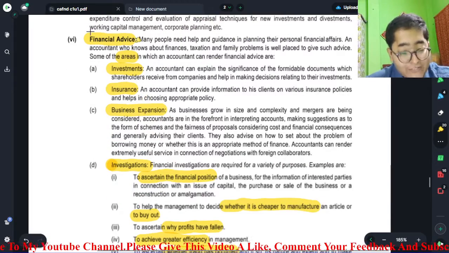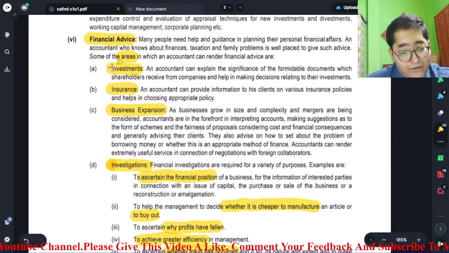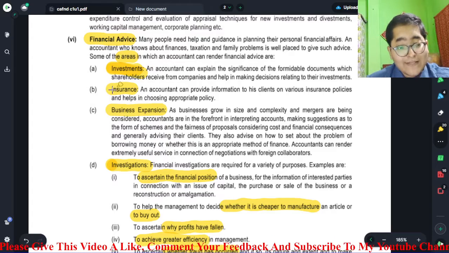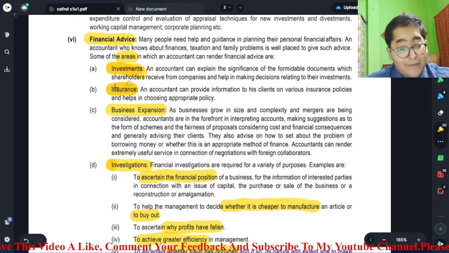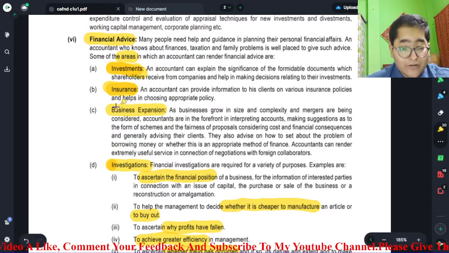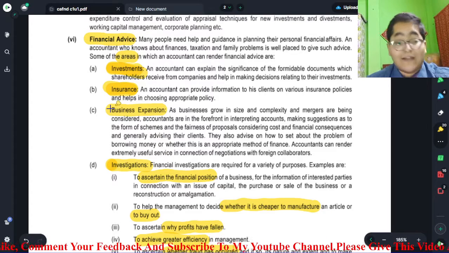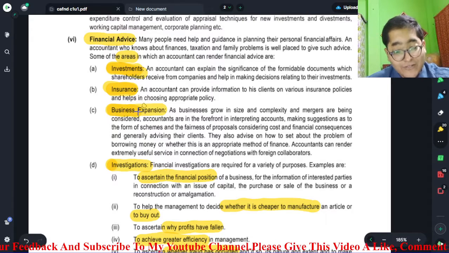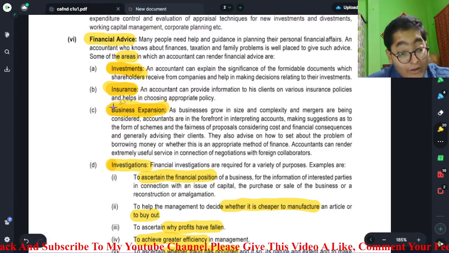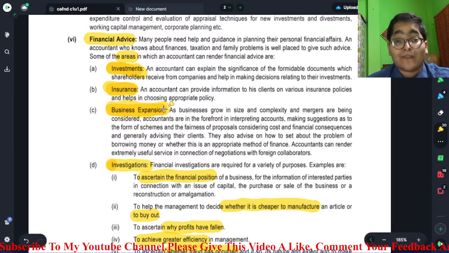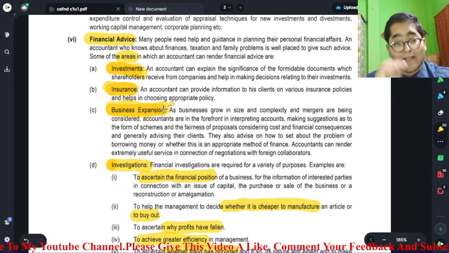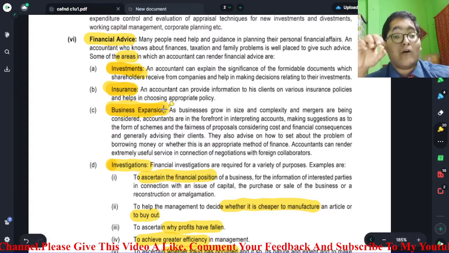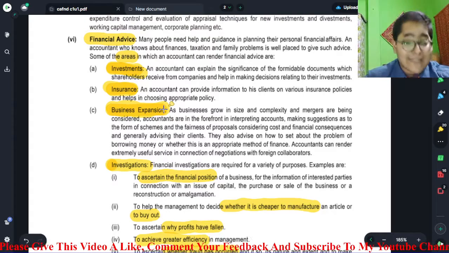Now comes financial advice. Financial advice on investments: whether a company should invest in a particular scheme, whether the company should insure its products or services or its employees, whether it needs to take up an insurance plan, whether a company needs to expand its business.